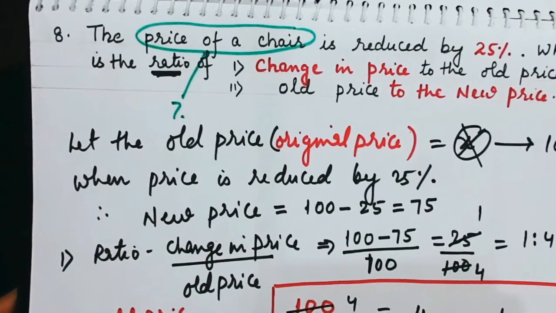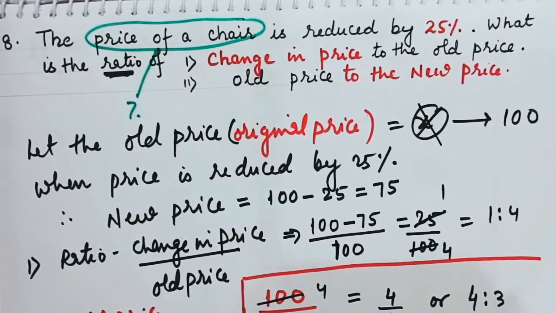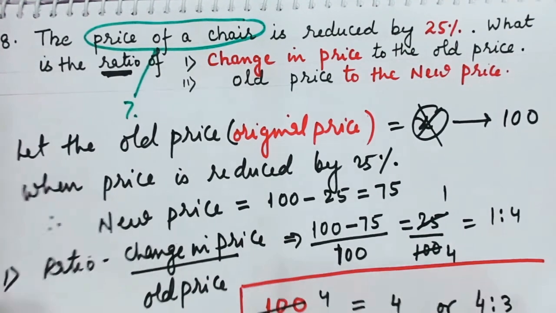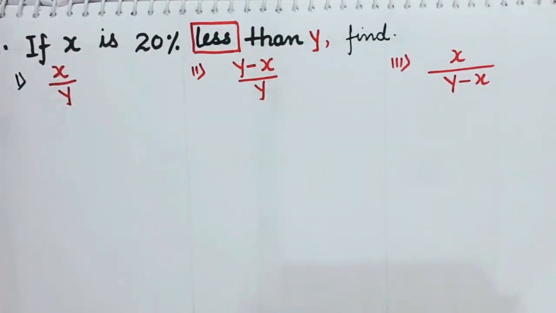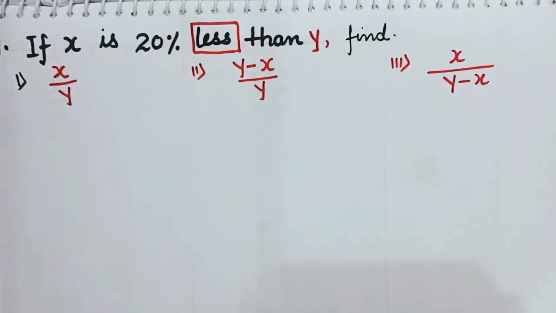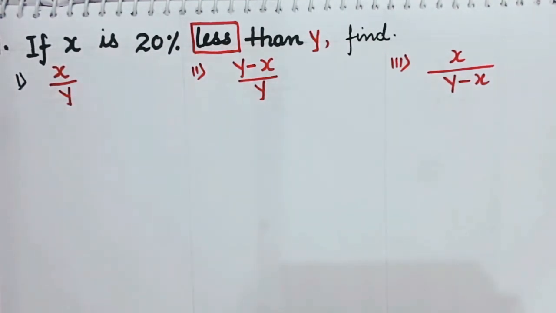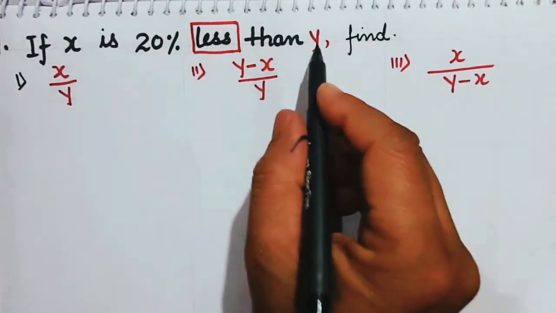Therefore, you people will never get confused while solving all these kinds of sums. Okay? Let's have a look at the other. If x is 20% less than y, find all these values. In the same way, here also, since I had taught you by taking x, I would rather do this sum by taking y as 100.